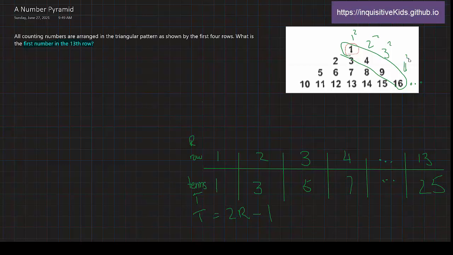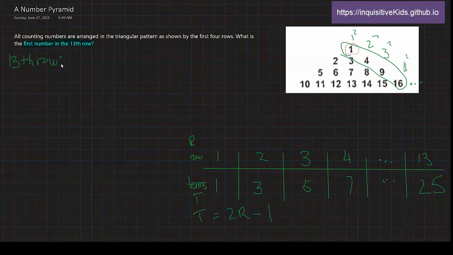If we know how many terms are in the 13th row, and if we figure out what the last term of the 13th row is going to be, we could just go back, because we already know how many terms are in that whole row, and find the first number. So, for the 13th row, what do we know?